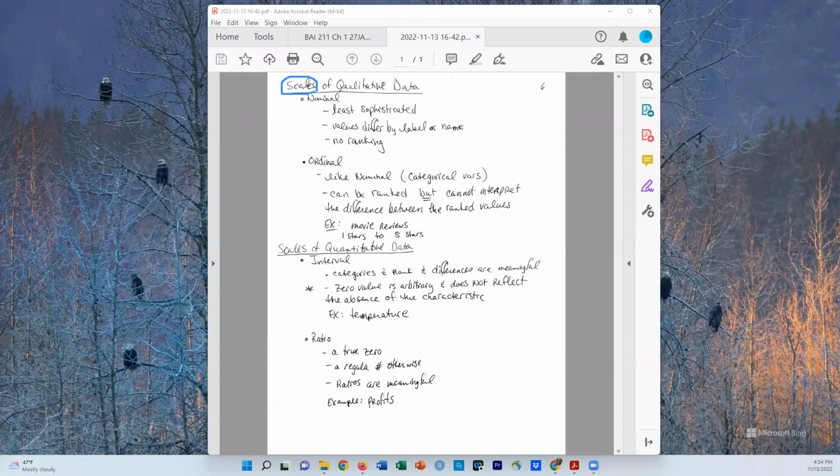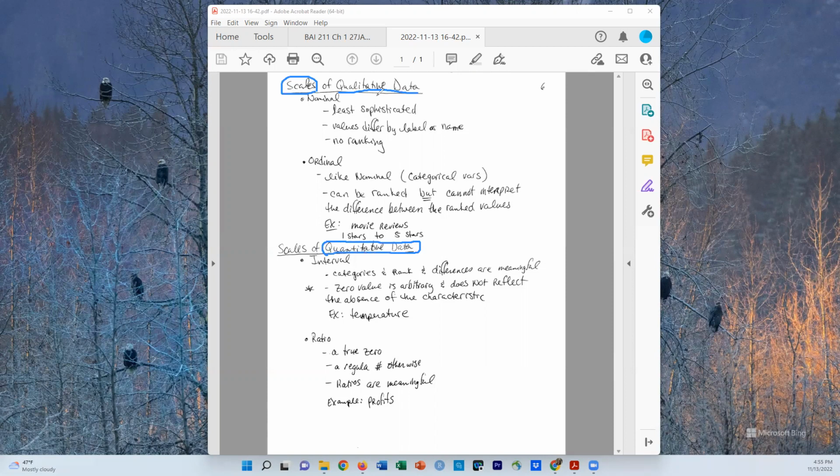So we talked about qualitative data, which is basically either data that is non-numerical, or if it is numerical, it has a finite set of numbers, and those numbers don't really refer to numbers. They're more like student IDs or product IDs or things like that. We also talked about quantitative data, which is numerical data.